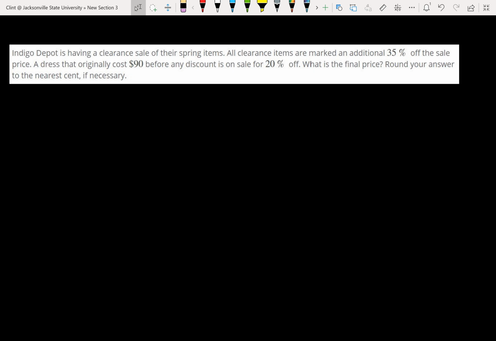Okay. So here we're starting with $90 as the original price. If we're taking a 20% discount, we can figure out what that discount is going to be by multiplying by 0.20. So 90 times 0.2 is an $18 discount.